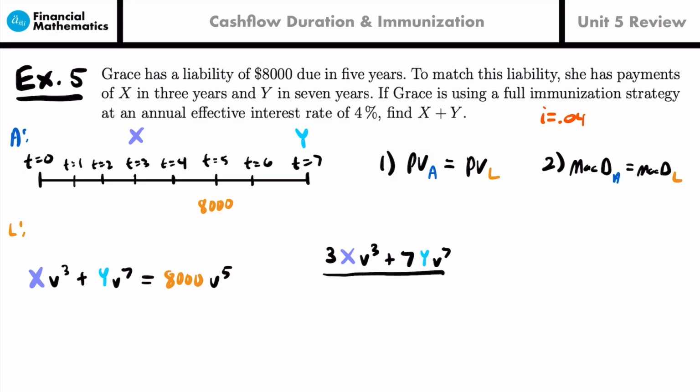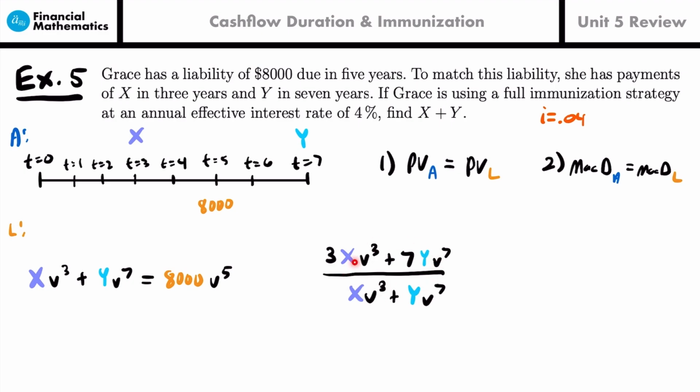And that will be divided by the present value, which is X times v cubed plus Y times v to the power of 7. Okay, so X is being received at time 3, so we multiply by time 3, and Y is being received at time 7, so we multiply by 7. So that's the time-weighted present value for the Macaulay duration, and then we divide it by the actual present value.